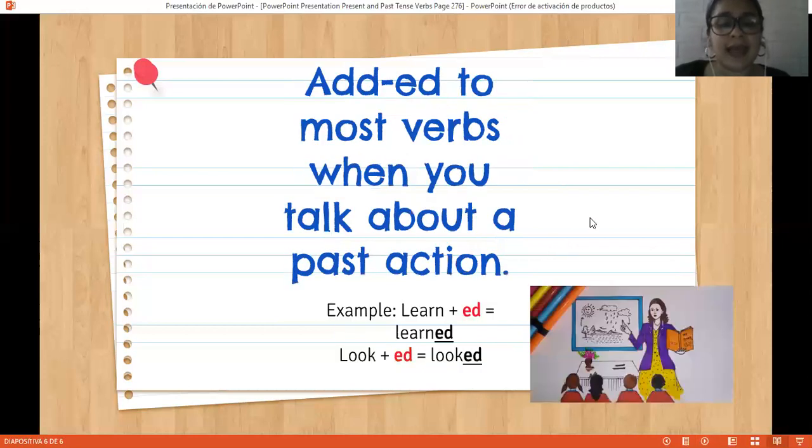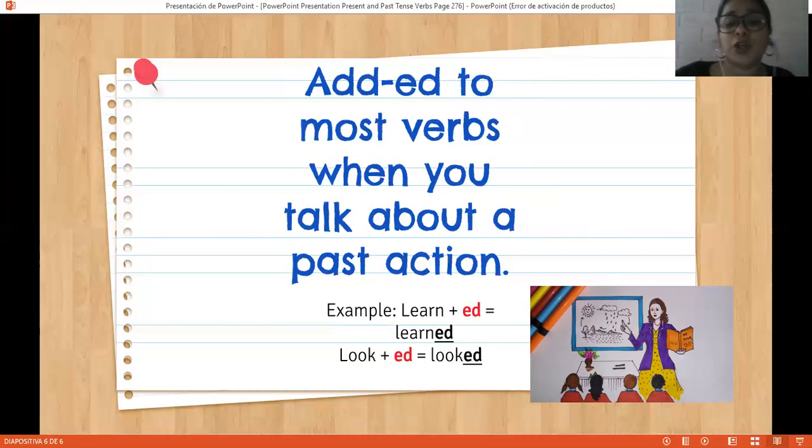And last, guys, we have the rule in your book. It's the same one I'm showing you: add ed to most verbs when you talk about a past action. So this is basically adding the ed to most of the verbs that happened. In this case, they're giving us an example: learn plus ed equals learned.